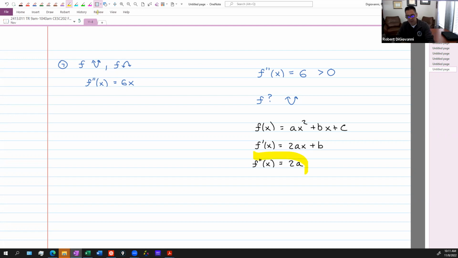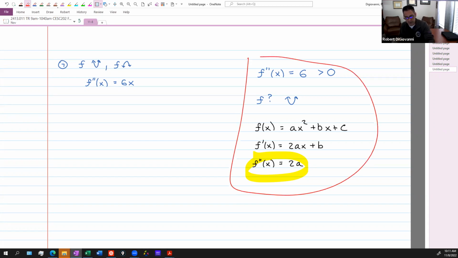But see, this tells you if you're concave up or down. So if a is positive, then that's a positive number and you're concave up. If a is negative, then your second derivative is a negative number and you're concave down. So a dictates the parabola, doesn't it? Does that kind of make sense? I'm off topic, sorry. Okay, separate idea.